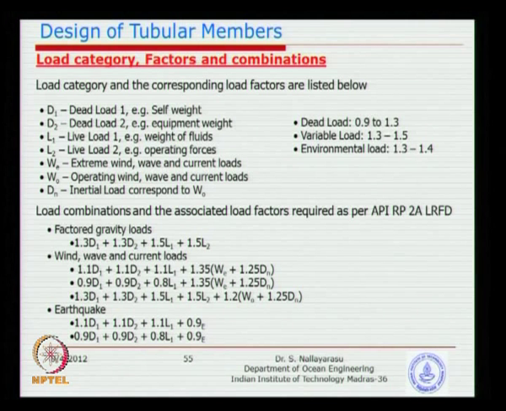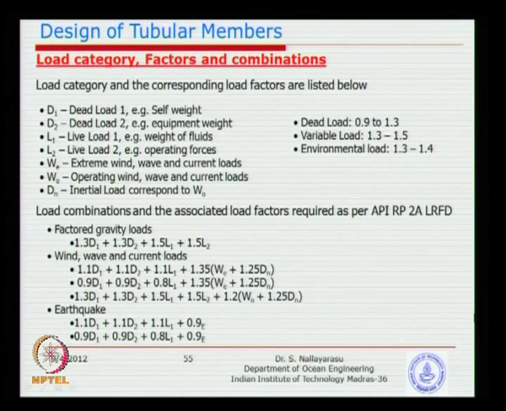Then you have a superimposed dead load, normally defined by the facility loads in terms of whatever the functional loads, and then you have live loads, and then live loads variable, and then you have extreme and operating environmental loads as we defined, 1 year, 100-year storms. Then you have the inertial loads from motion, it could be rotational loads or it could be other forms. So, these are some of the ingredients of the idea behind LRFD.